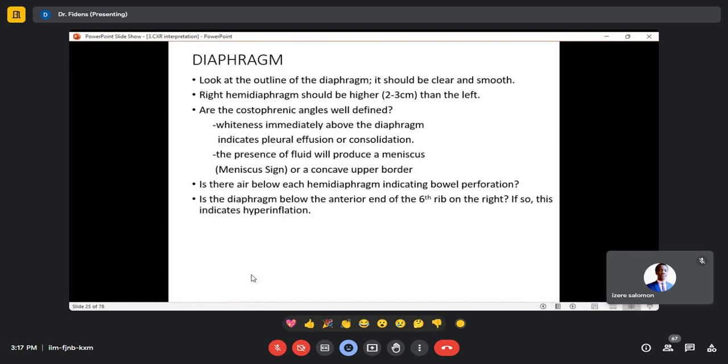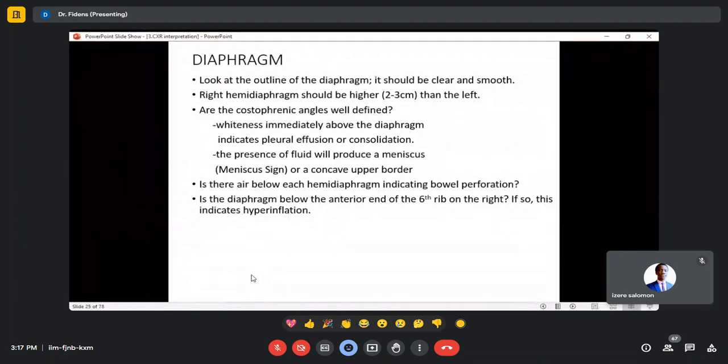In that case it is somehow a hyperinflated lung, but it is not abnormal because the patient has done a very deep inspiration. The lungs are very much expanded, and now even the sixth and seventh are completely above the diaphragm. So as the radiologist, we judge according to the clinical history of the patient. Okay?